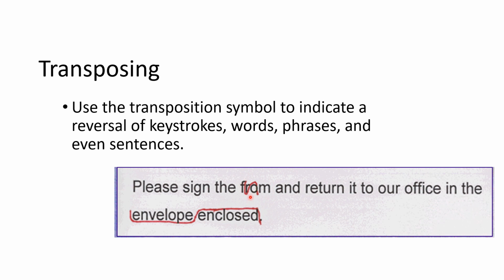Since we need to transpose or reverse the locations of the letters R and O, you use the transposition symbol. The word enclosed should come first before the word envelope, so you use the transposition symbol.